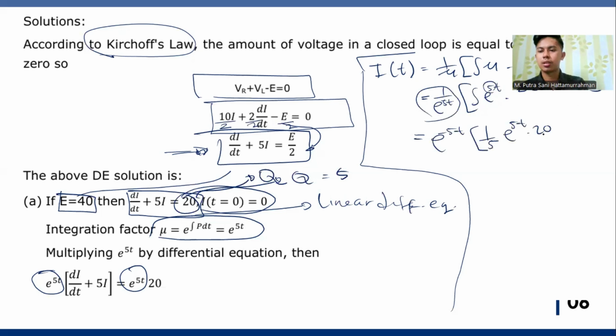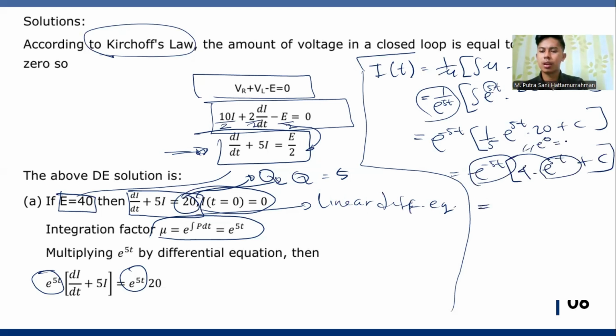We can divide 20 by 5. We have e to the power minus 5t multiplied by 4 product e to the power 5t plus c. If we multiply e to the power minus 5t and e to the power 5t, it becomes e to the power 0, which equals 1.